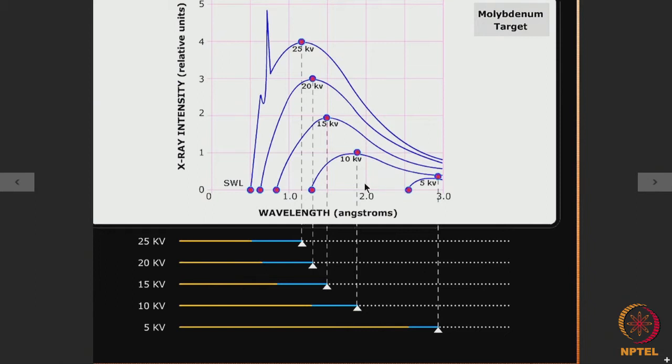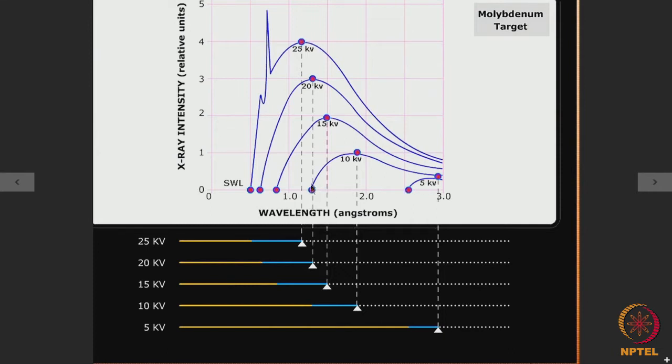Now, when we increase the potential to 10 kV, what do we find? We find that this limit of wavelength which we got in case of 5 kV now becomes even shorter. So, for 10 kV, this minimum wavelength that we can get is shorter than what we got at 5 kV.